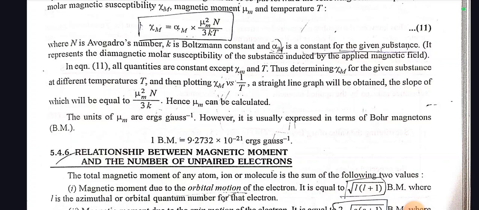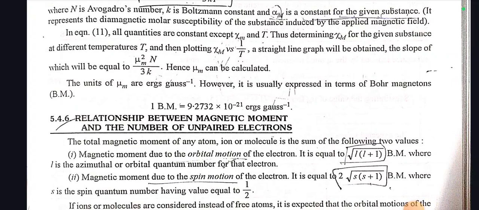In equation 11, all quantities are constant except molar magnetic susceptibility and temperature. Thus, determining psi m for the given substance at different temperatures and then plotting psi m against 1 upon T, a straight line graph will be obtained, the slope of which will be equal to mu square m N upon 3k, hence mu m can be calculated.